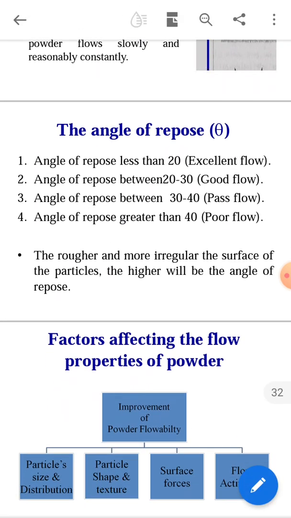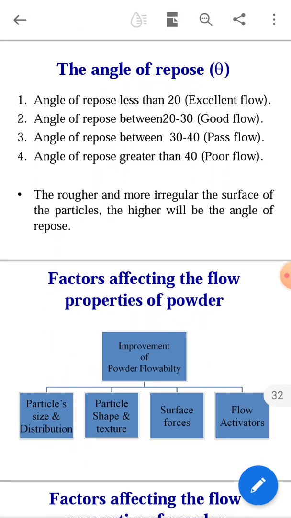So I am recapitulating: an angle of repose less than 20 is excellent flow, 20 to 30 is good flow, 30 to 40 is fairly passable, and greater than 40 is poor flow. The rougher and more irregular the surface of the particles, the higher the angle of repose.